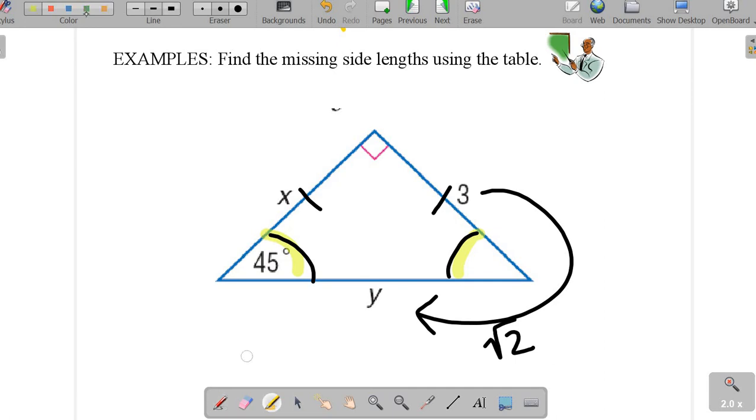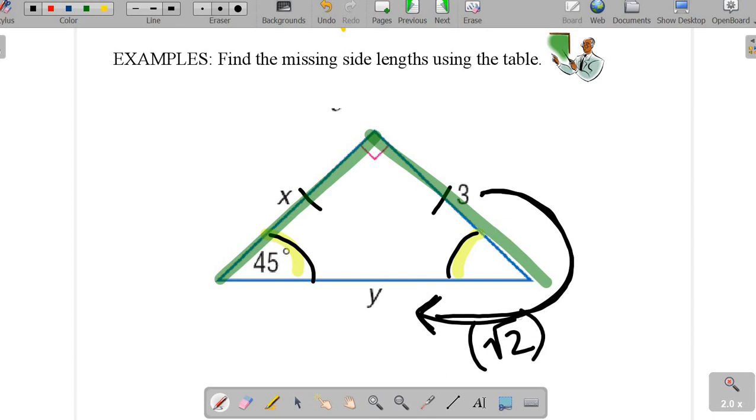You immediately identify the legs and you mark them congruent. And then you draw an arrow from the leg to the hypo, and it's times root 2. Once again, watch what I do. 45, 45, 90, leg, leg, leg, root 2.